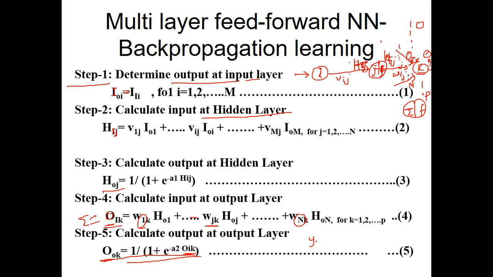We have seen if y is a sigmoid function, 1 divided by 1 plus e to the power minus ax, the differentiation will be a into y. If you consider a is equal to 1, this part will not be there, so y into 1 minus y. Here y is OOK, so you will get OOK into 1 minus OOK.